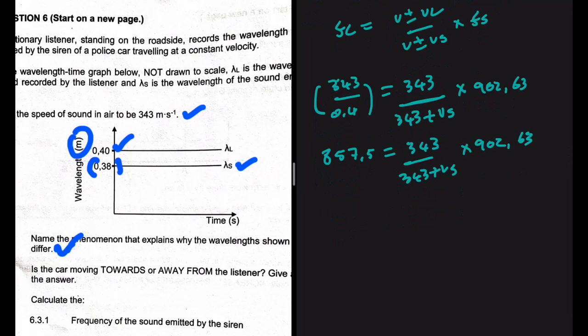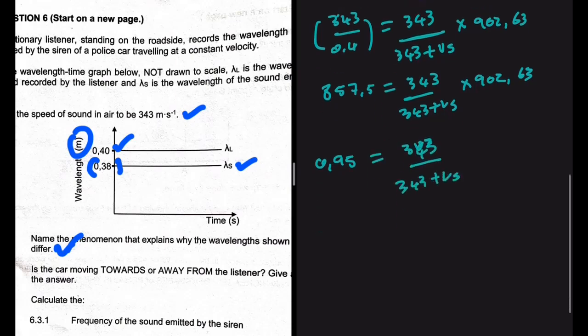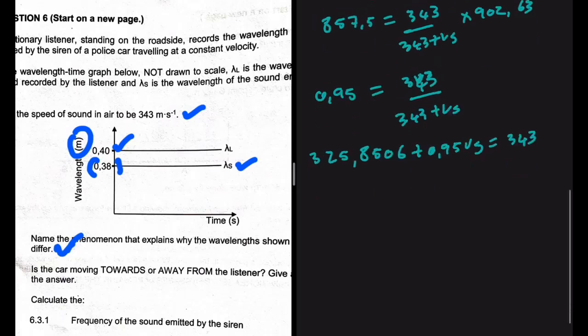Let's divide both sides by 902.63. If we do that, we get 0.95 equal to 343 divided by 343 plus Vs. Let's cross multiply. So 0.95 multiplied by 343 is 325.8506, and then plus 0.95 Vs is equal to 343.